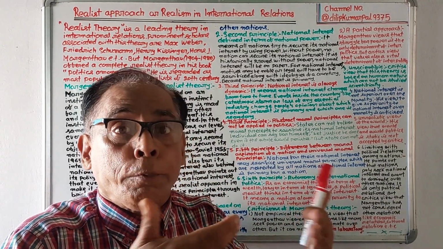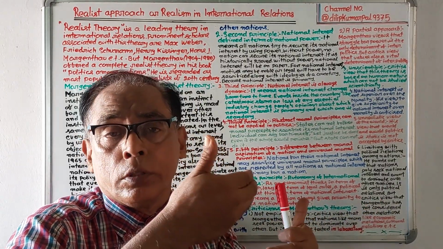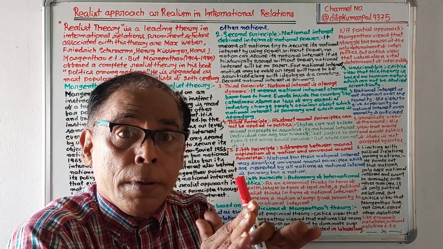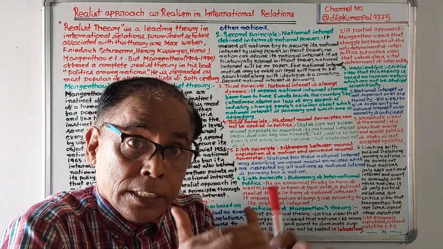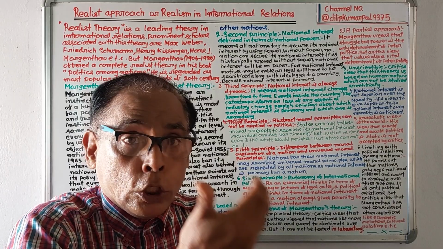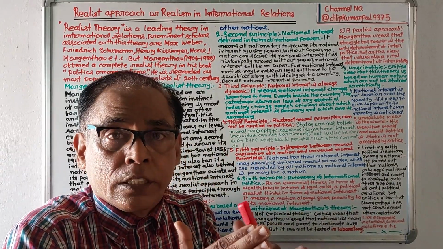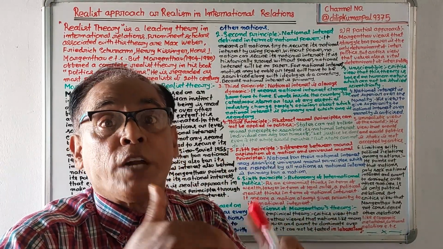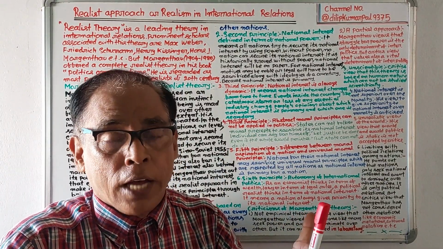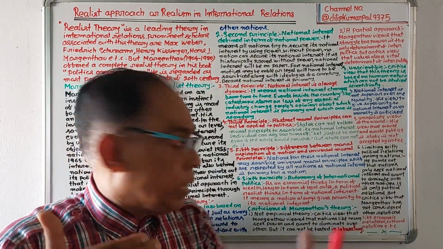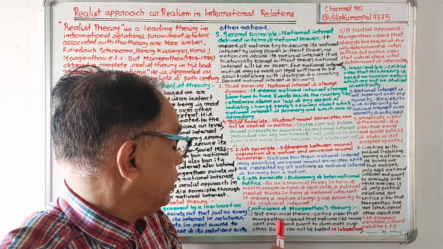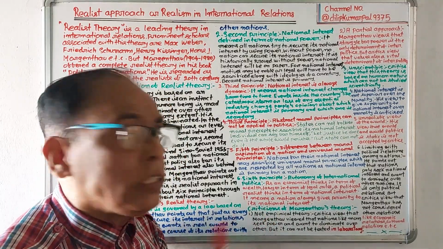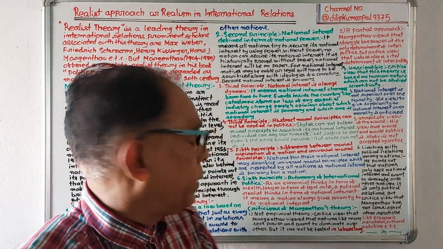Just as man is made for power and tries to dominate others, it is the nature of a human being. On the basis of this instinct of man, Morgenthau says every nation is made for national interest. But critics view that it is not empirical. It cannot be proved in the laboratory.